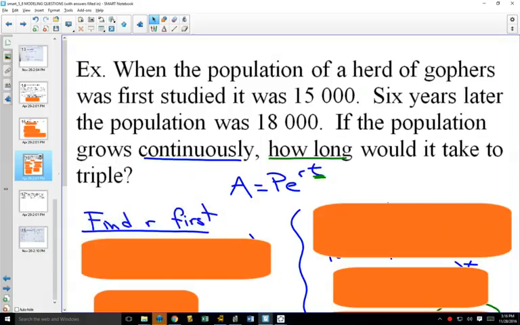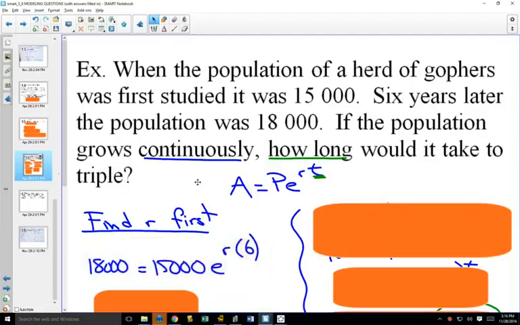So the very first thing we have to do is find r first. Do we have enough information to use that formula to put everything in, so the only thing we don't know is r? Yes, because we know 6 years later it went from 15,000 to 18,000.